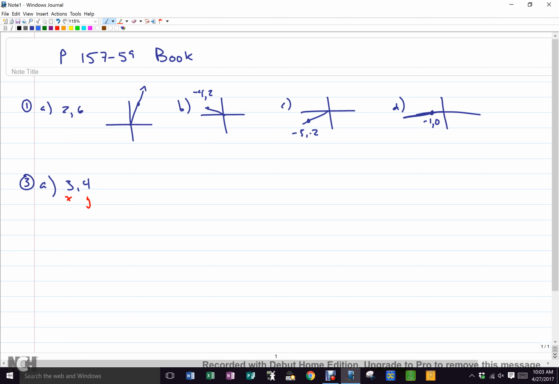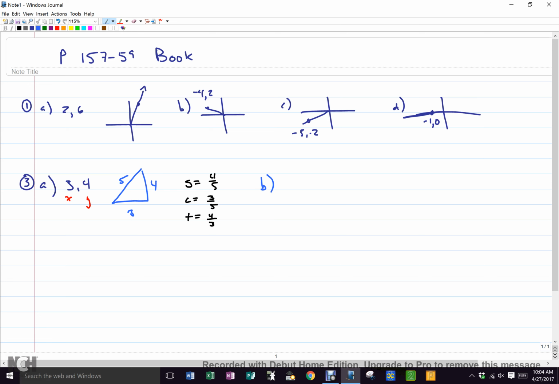You knew that it was out 3 and up 4, so you need that as 5 when you do Pythagoras. So sine is y over 5, 4/5. Cos is x over 5, 3/5. And tan is 4 over 3, opposite over adjacent.